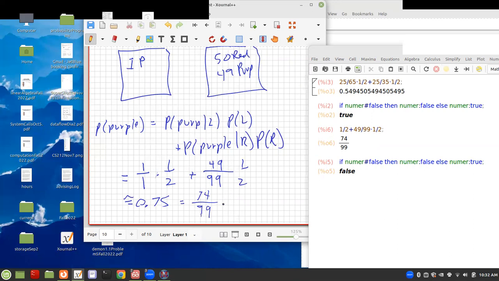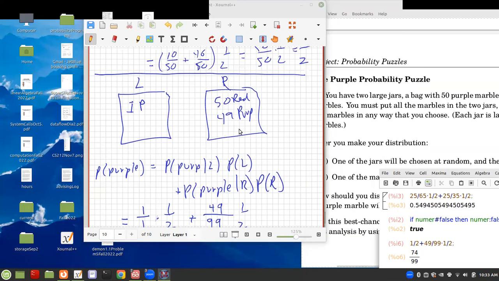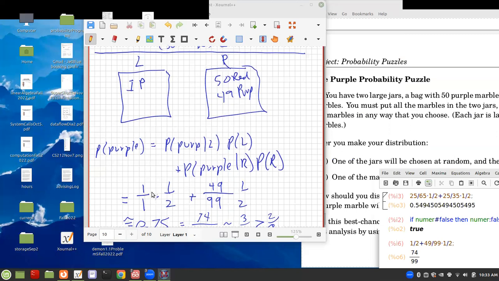Well, you can see this is very close to, it's one less than 75. This is one less than 100. So it's very close to 75, which is very close to 3/4. And that's greater than 2/3. And you can see that the whole idea here is that you've got one whole side where you only need one purple to make that conditional probability absolutely certain.